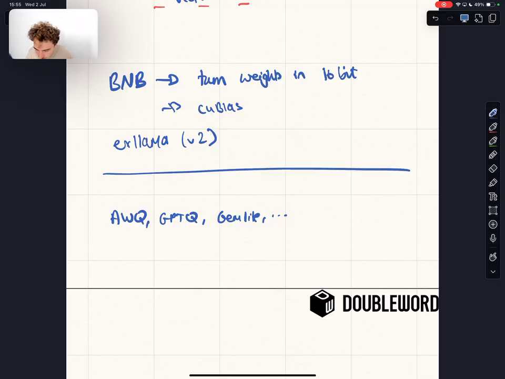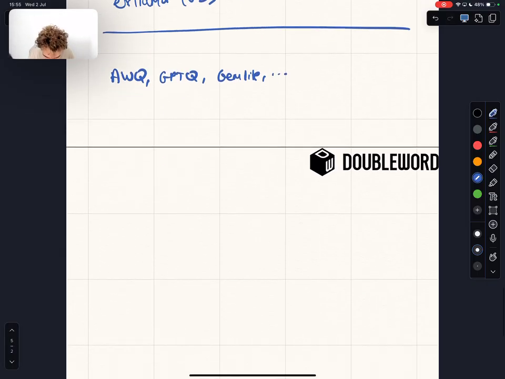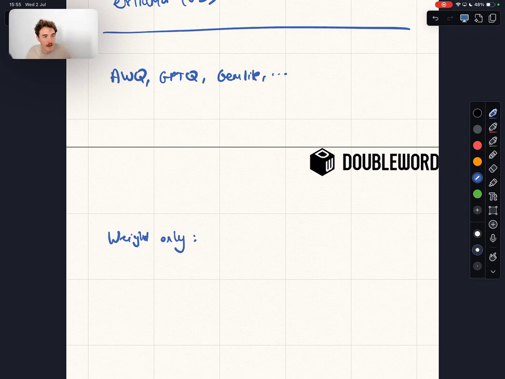So what are the relative merits of the weight-only approach and these 2 sub-approaches within it? The weight-only approach is really good when your computation is memory bound. Especially during decoding, when a language model is generating tokens one at a time, the majority of the time isn't actually spent doing computations.